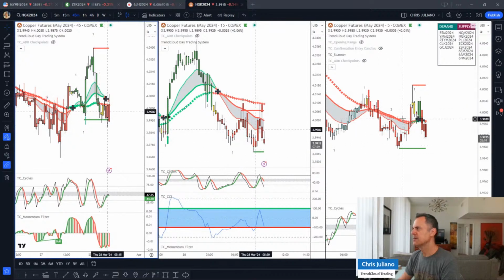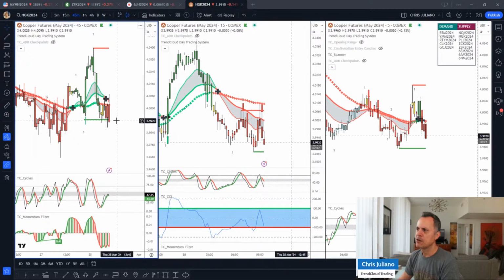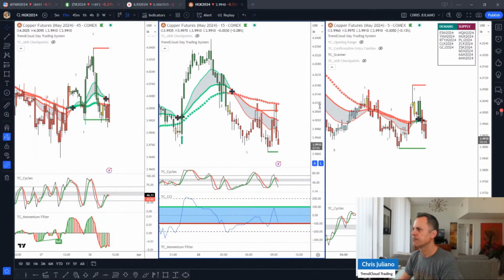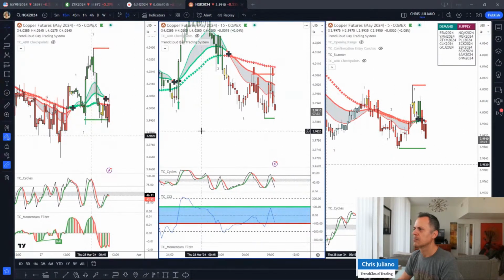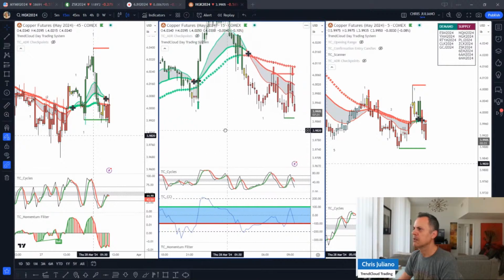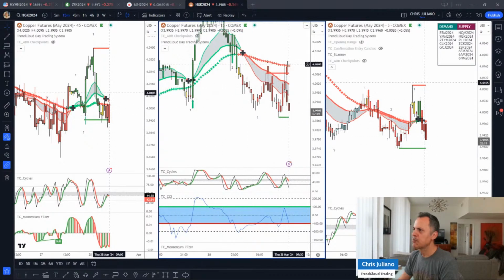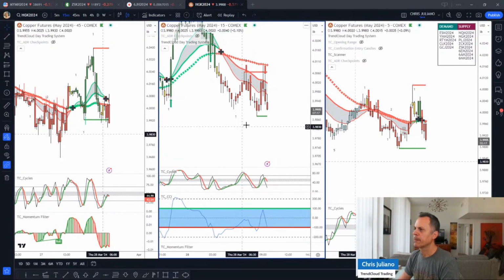So if we were going to set up a trade on copper, okay, we are getting a TrendCloud signal right here. But where's the target? Where is the target? This actually pulled back a little bit deeper.